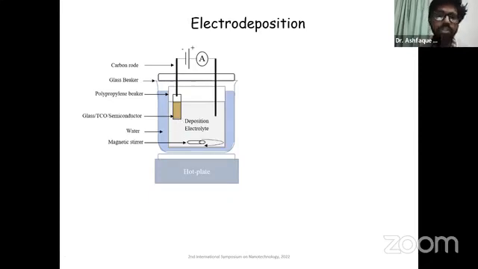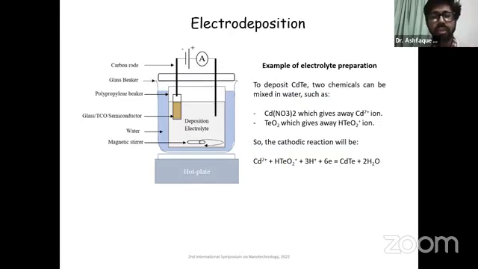And in the deposition electrolyte, if I give an example, let's say we are depositing cadmium telluride, we can mix a cadmium source, let's say cadmium nitrate, which will give away cadmium 2+ ion. And for the tellurium source, we can use tellurium dioxide.